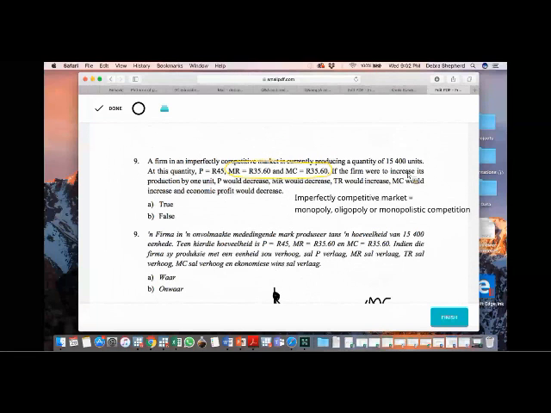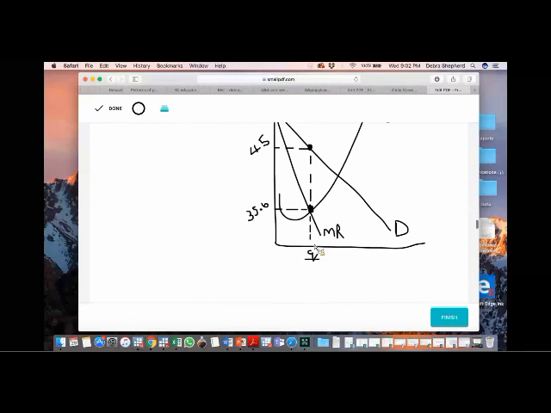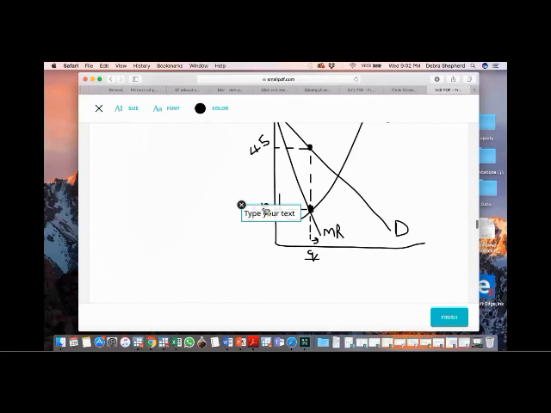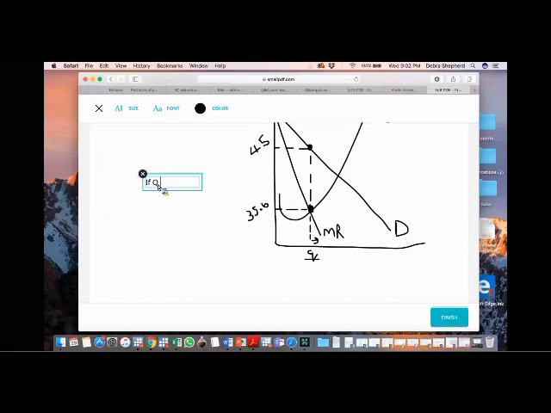So the question then says, what happens if we just increased the amount we produce by just 1 unit? So if you move quantity even just a little bit to the right of this equilibrium, what that means is that you are going to increase your marginal cost. So if output goes up, marginal cost goes up. It always costs more to produce additional units.